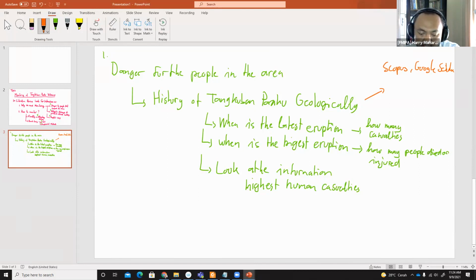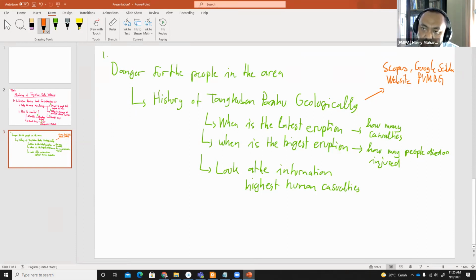Or even we can look at the information given on the website, the official website of the PVMBG, for example, the Center of Volcanology and Geological Disaster Mitigation Office in Bandung. They have their official website, which probably will tell us about the history of Tangkuban Perahu volcanic events, for example.